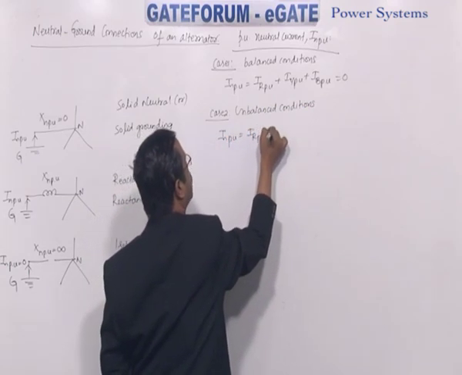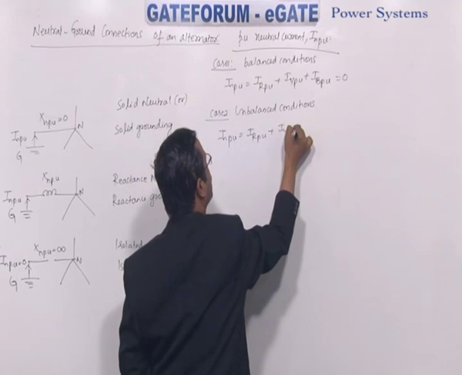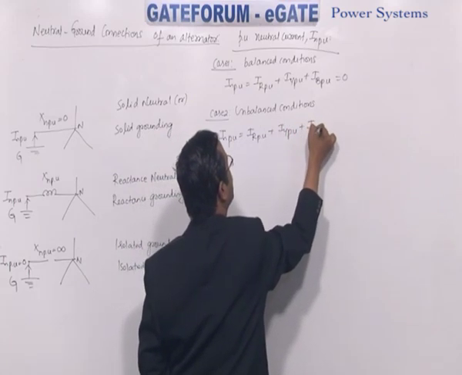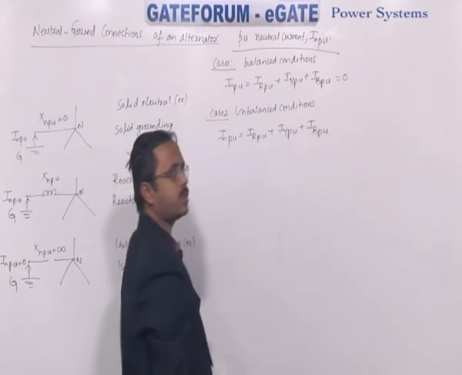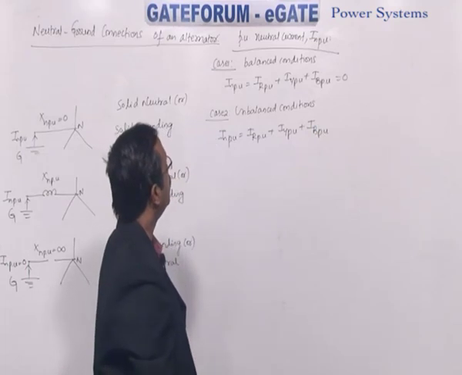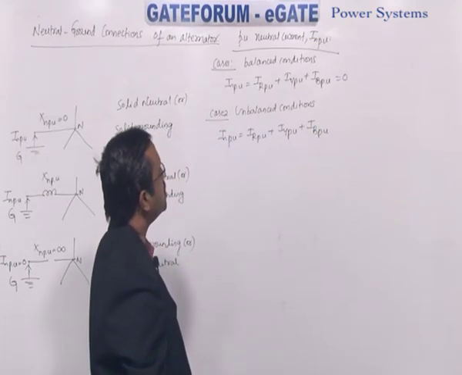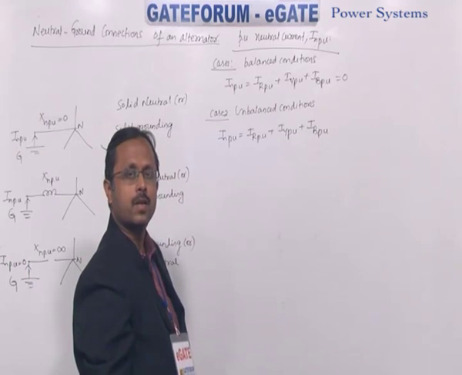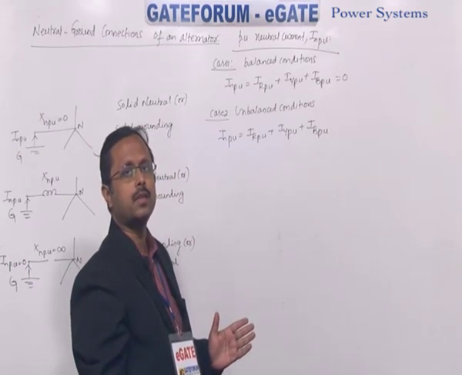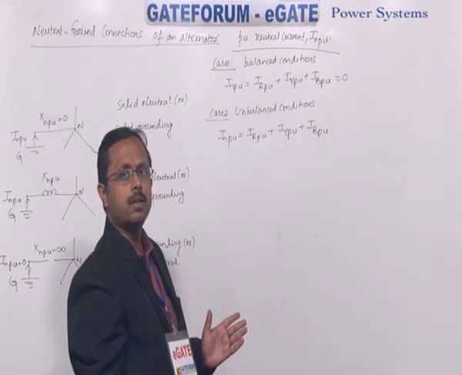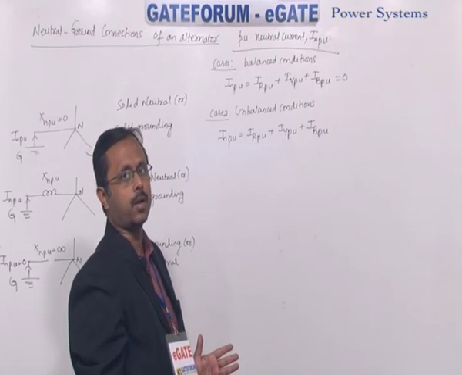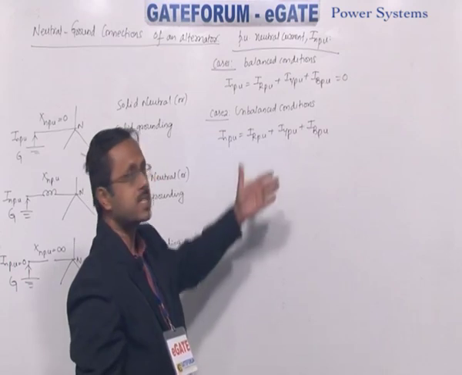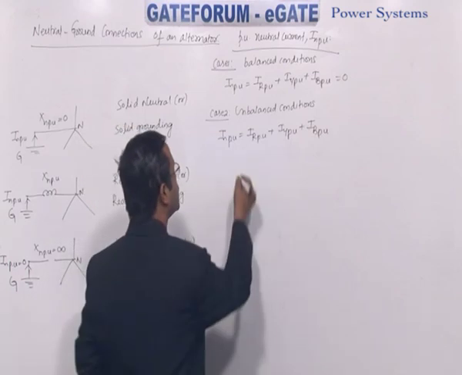It is IR plus IY plus IB. Now when the system is unbalanced, how to analyze an unbalanced system? Using symmetrical components.